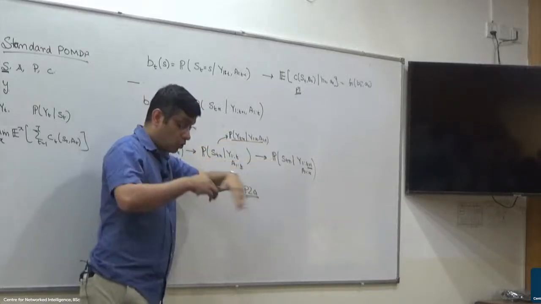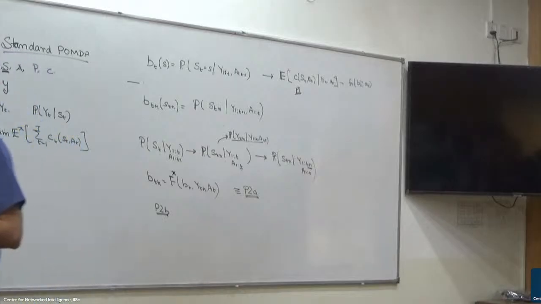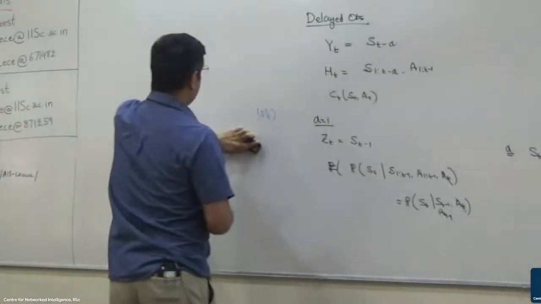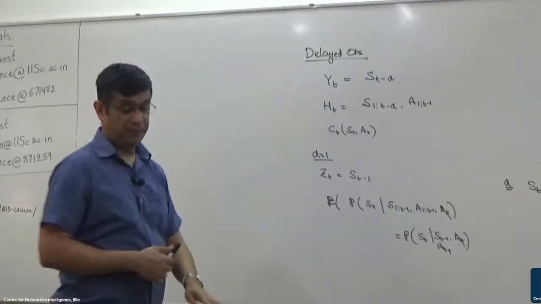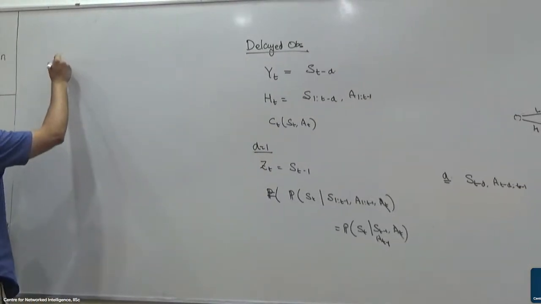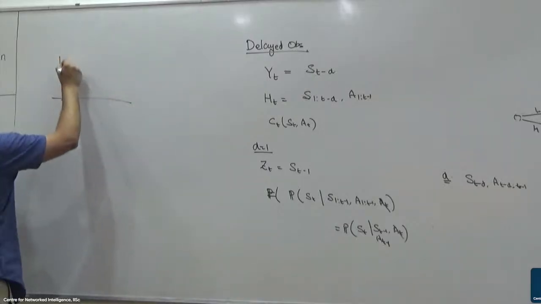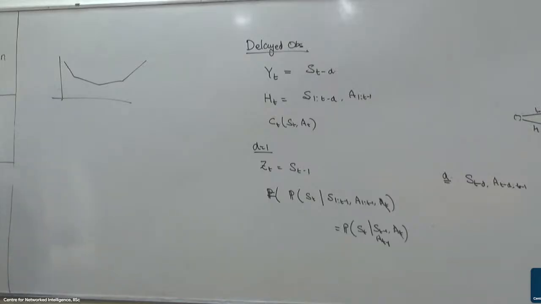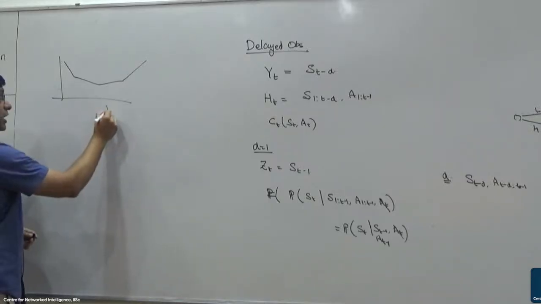So, overall, what one can show is that if you write down the dynamic program in terms of belief, the dynamic program is going to be piecewise linear, and this is cost minimization. So, piecewise linear and convex. So, typically my value function would have a shape like this if I am drawing it as a function of the belief.